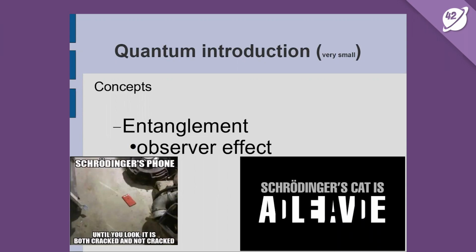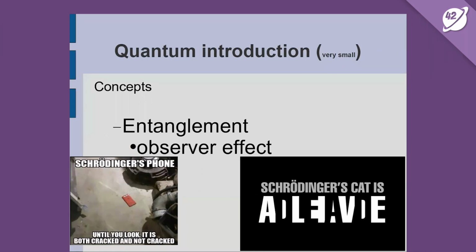We have all kinds of weird things about quantum mechanics and quantum computing. There's the observer effect. Schrodinger's cat is both alive and dead at the same time, and Schrodinger's phone, until you look, is both cracked and not cracked at the same time. And stuff like that. But there's also an issue called entanglement, and we're going to touch on that slightly in one of these things in terms of networking.